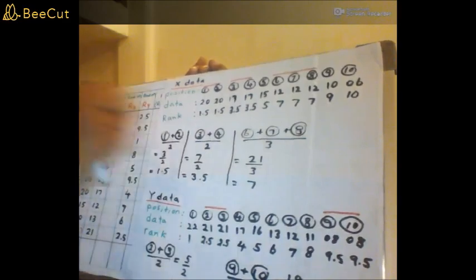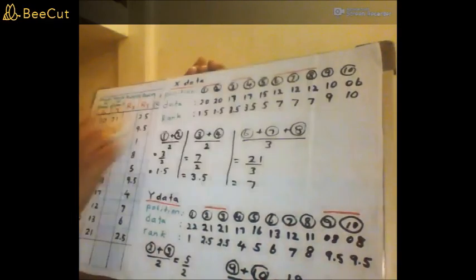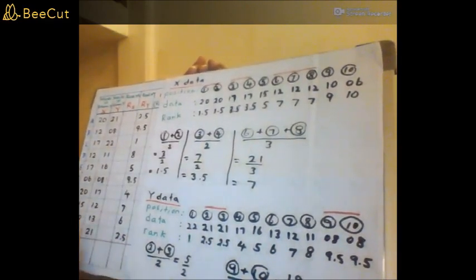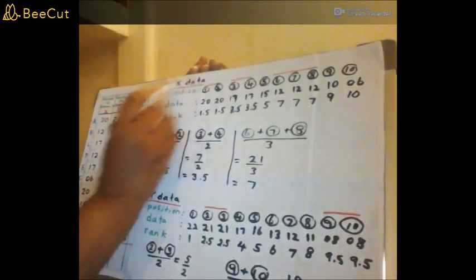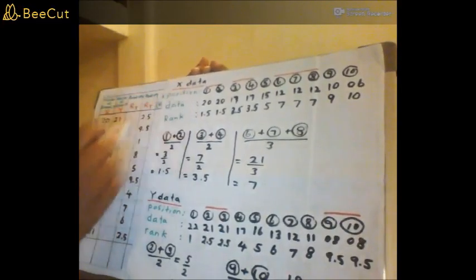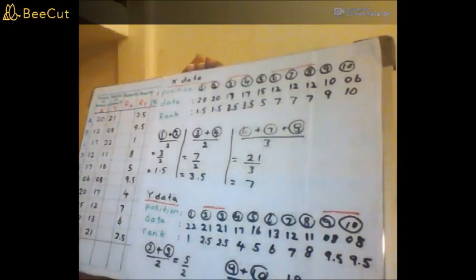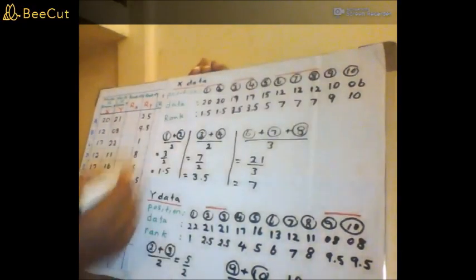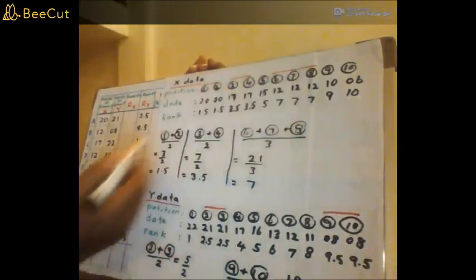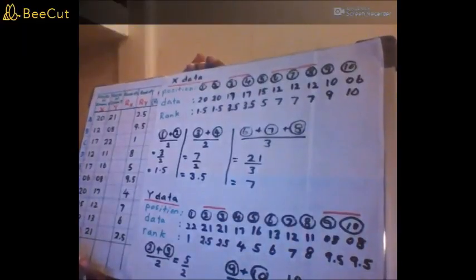Now, how to get the ranks? You write X data, then write position and put the numbers. What are these numbers? Number of students. If there are 10 students, 10 circles; if there are 8, 8; if there are 11, 11, from 1 up to 11.